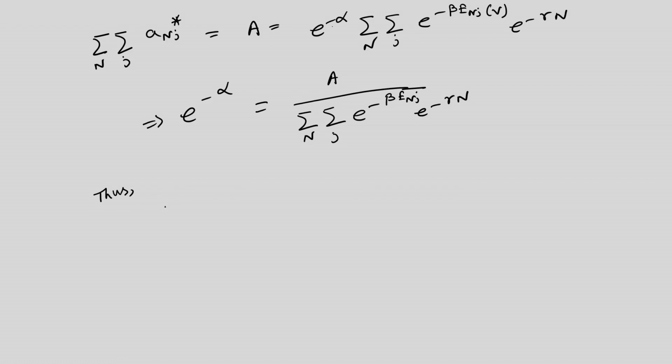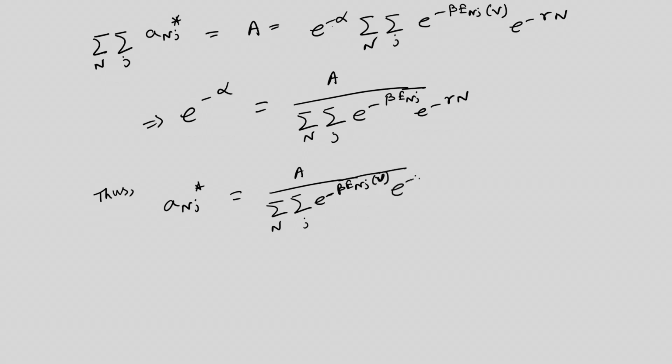thus A n j is A by sum over n sum over j e to the minus beta E n j e to the minus gamma n, and then in the numerator we have e to the minus beta E n j and e to the minus gamma n.